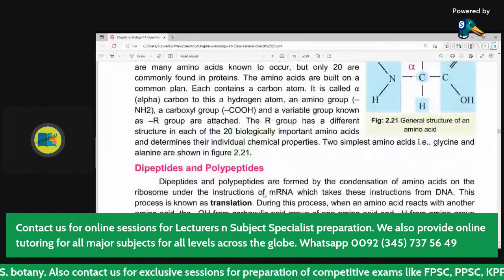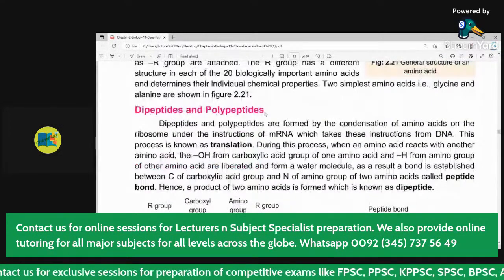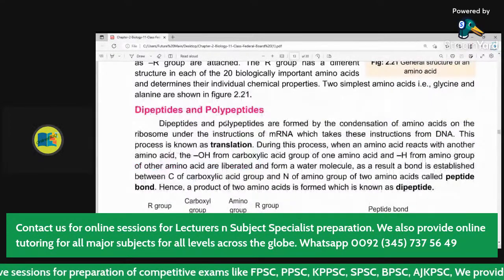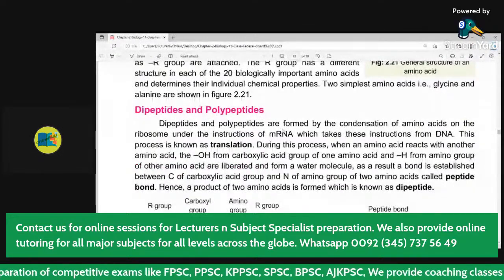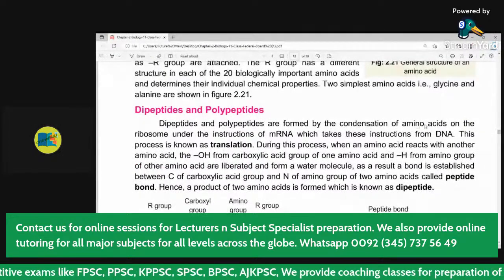And now we come to dipeptides and polypeptides. Dipeptides and polypeptides are formed by the condensation of amino acids.